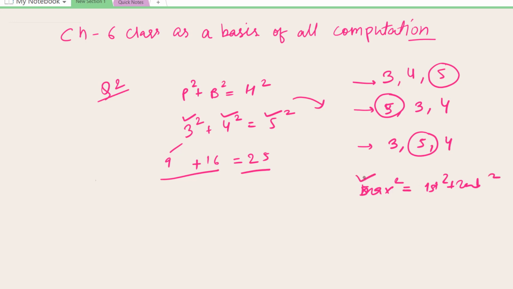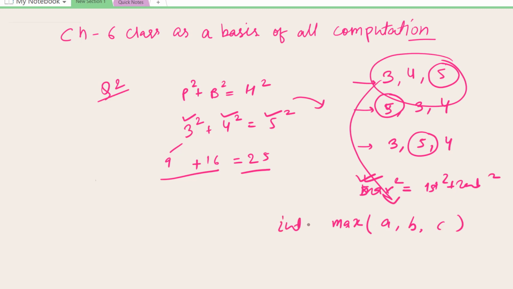So we have to find out which one is max, and for that we will define a method which is not mentioned in the question, but we will do it anyway. We will define a method whose name will be max, and this max method will take three integers a, b, c. What the user gave us, we will give to the max method, and the max method will return the one which is largest.